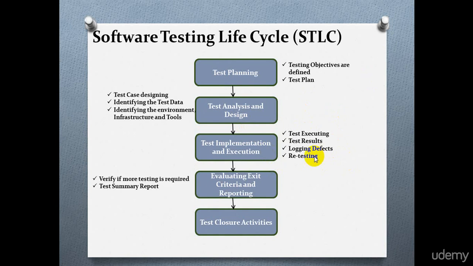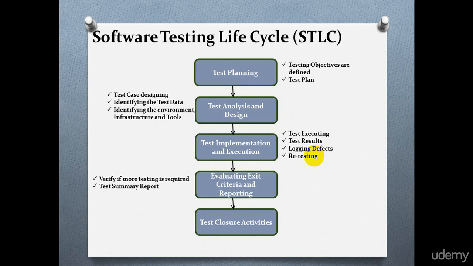Next phase is evaluating exit criteria and reporting. Testing is an iterative process. That is, if the defects are fixed, then testing would be done again. And in this phase, logs generated in the previous phase are checked against the exit criteria determined in the planning phase to check if more testing is required.